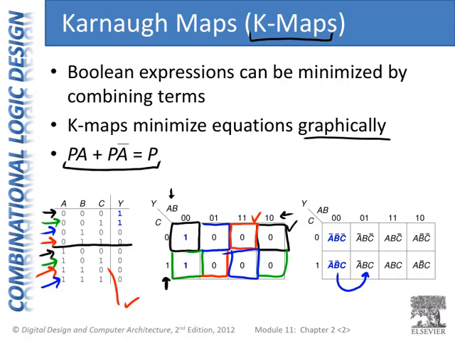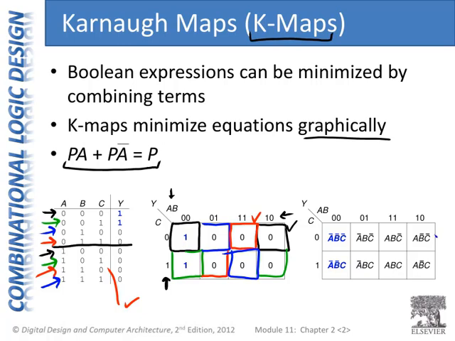So going from the 0, 0, 1 box on the left to the 0, 1, 1 box, these differ only in the B term. Likewise, if I go from this box to the next box, those differ only in the A term.